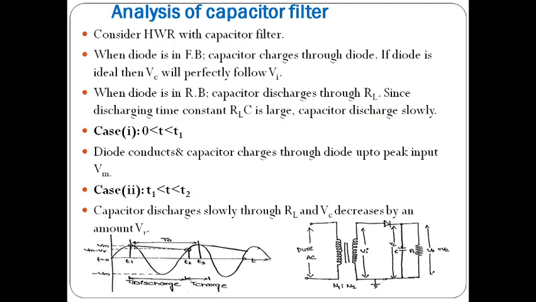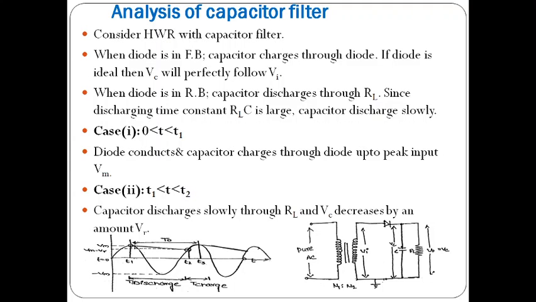When the diode is in reverse bias, the capacitor discharges through the load resistor, and the discharging time constant RL times C is very large. Why? If the time constant RL times C were very small, the capacitor would discharge immediately to 0.